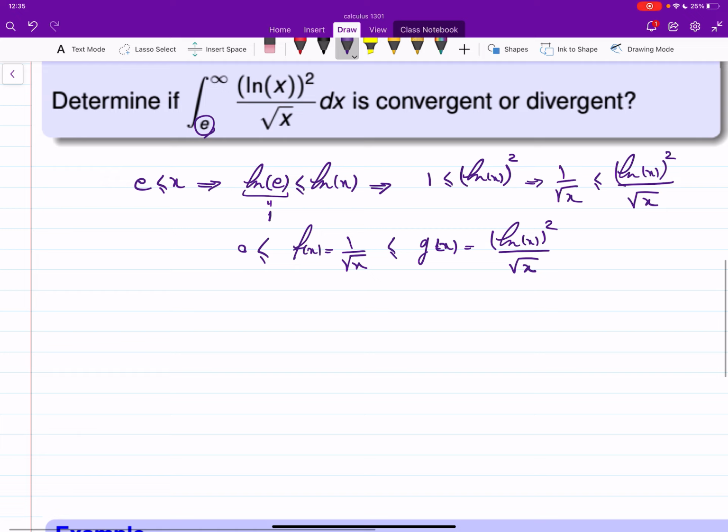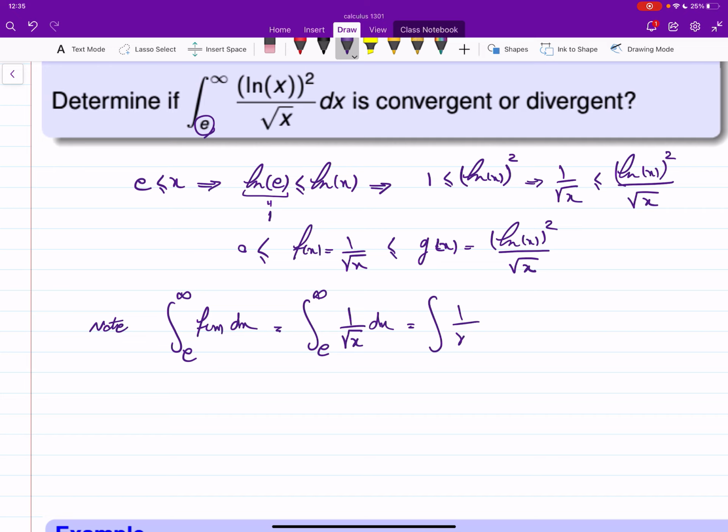Now note that the integral of f of x dx going from e to plus infinity, which is 1 over root x dx from e to infinity, is the same thing as x to the power half dx. This is a p integral with p equal to 1 over 2. And since it is less than 1, you can conclude that the given integral is divergent.